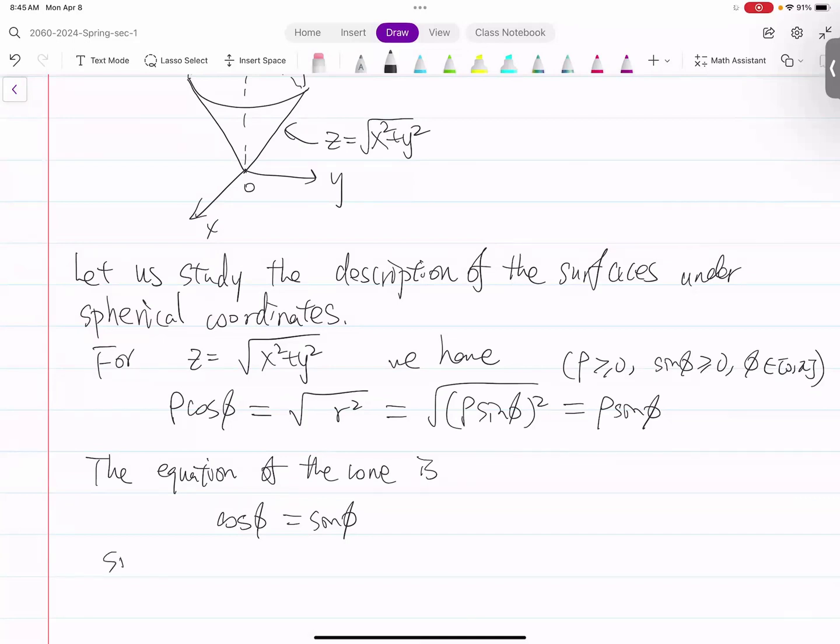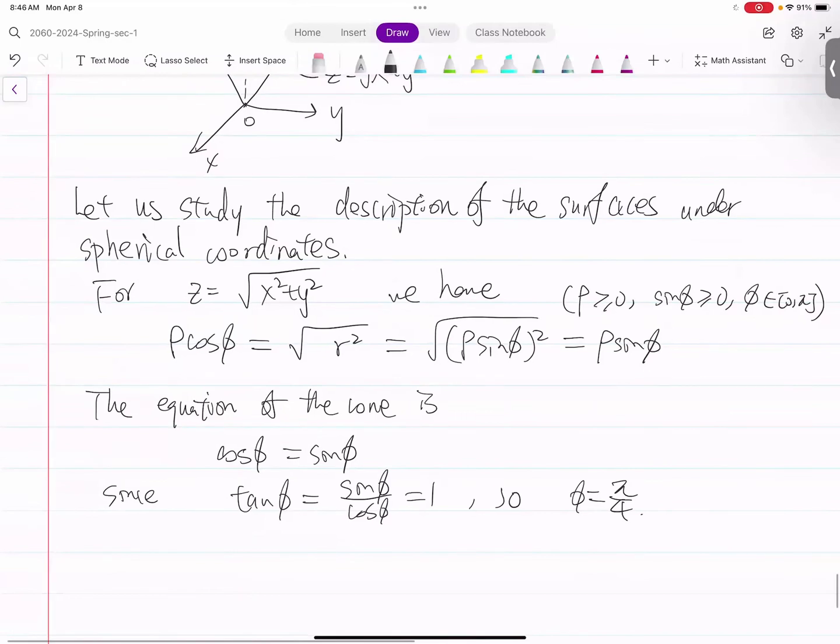But you can go even further. You can say this means tangent equals 1, so sine over cosine is 1. So phi must be pi over 4, so 45 degrees, which is somehow expected from the figure.